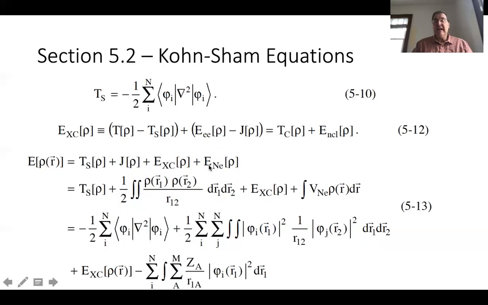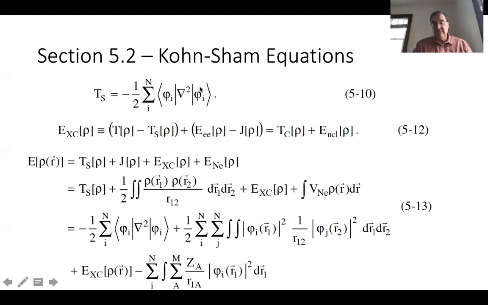It's got an interaction between the electrons and the nuclei, and then it's got the exchange correlation energy. But the new thing here is that the old exchange correlation energy, where we thought of it, was just the difference between the electron repulsion and the classical Coulomb term. But there's a secondary piece here, which is the difference between the actual kinetic energy functional with the density and the Kohn-Sham kinetic energy with the given density.